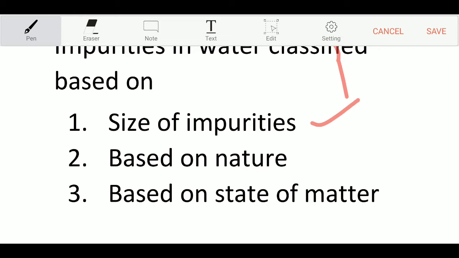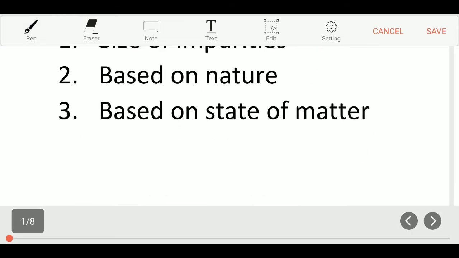We also have to check the nature, whether they are organic impurities or inorganic impurities. And the final one is based on the state of matter, which may be the physical state, chemical state, or biological state of impurities. Now we will discuss one by one.